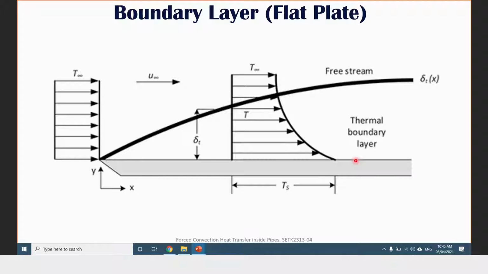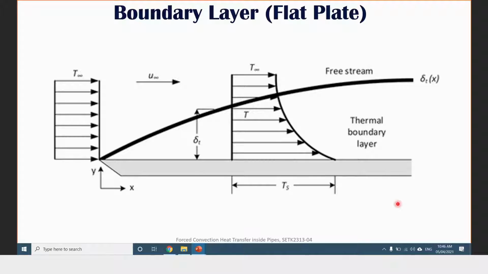So when the air, the fluid, starts to meet the hot wall, it starts to get heated up because heat transfer occurs, right? So we will start to have a temperature profile.